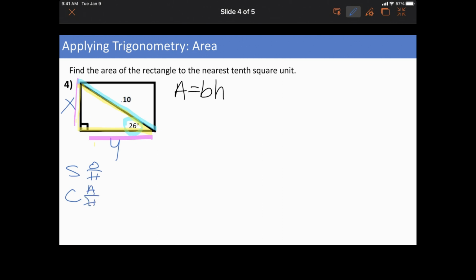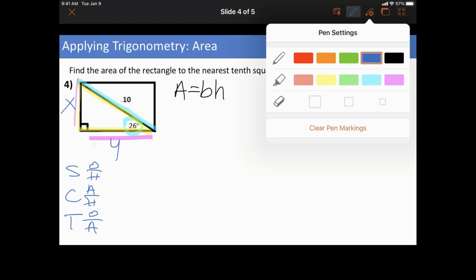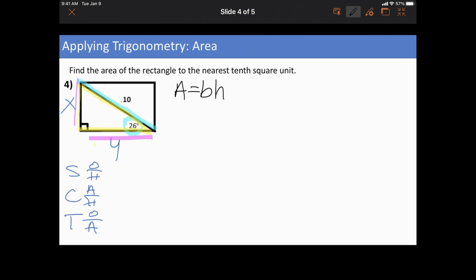Yep, writing it every time. If you write it down 4 or 5 times in a day, you'll remember it. You memorize it. All right. So I'm going to find x first. And I'm actually going to label it opposite. And this is going to be adjacent, and this is hypotenuse. All right.